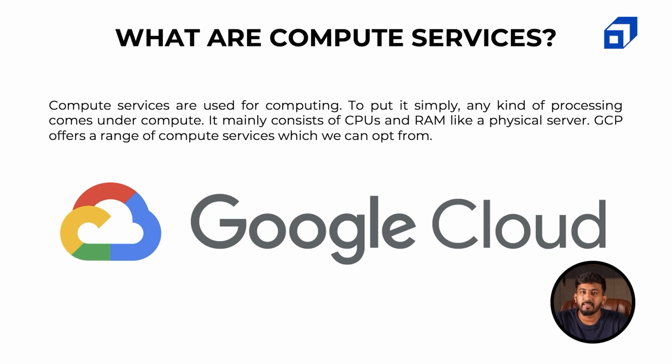Similarly, using these compute services, you can do the same on the cloud. So you can use any kind of processing. For example, let's say you have a really simple Python program to run. So you can launch a very simple server on the Google Cloud, and over there you can copy the code, you can install the Python software, and you can install other dependencies, and you can just run the Python code over there.